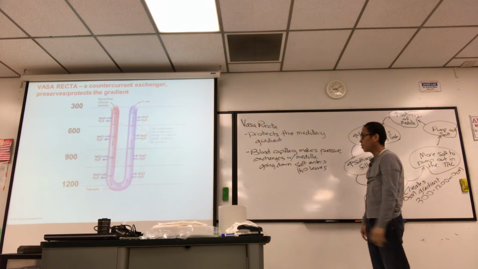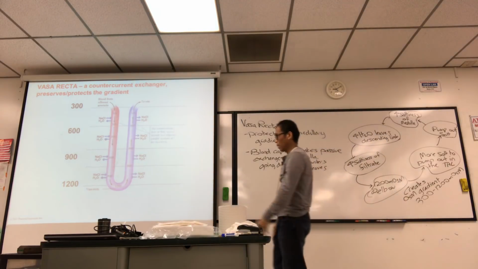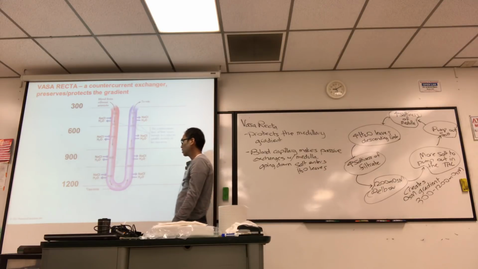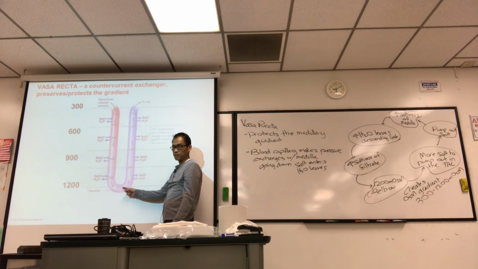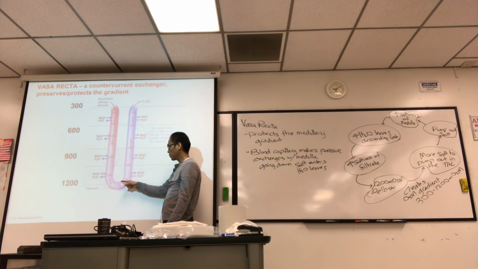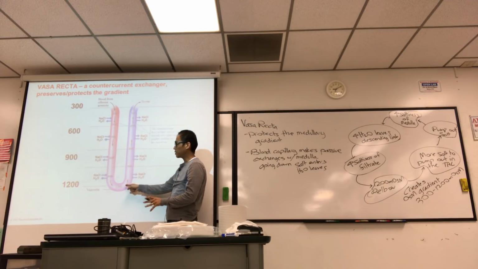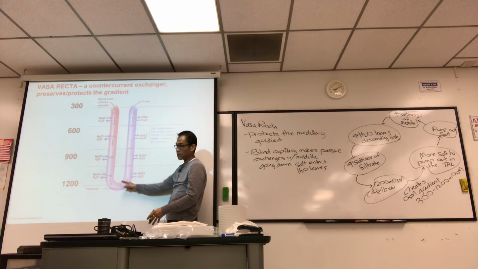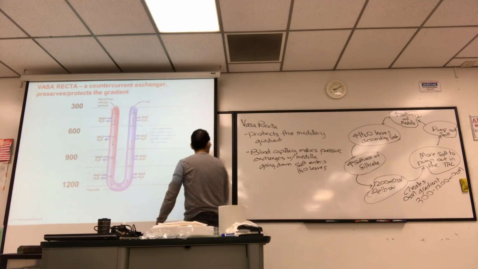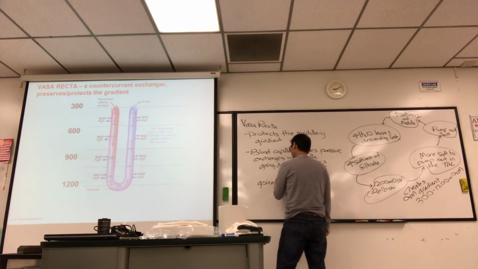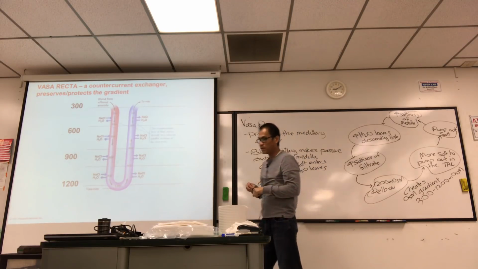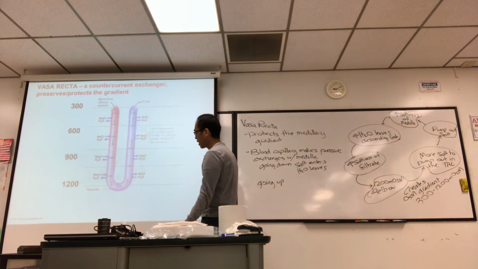So when you get to the elbow of this capillary, what's the blood concentration? It's 1200 and it's becoming deoxygenated. Now look, you usually don't have U-shaped capillaries, but in this case you do. So that means you go down, then going up. As you go up, it becomes progressively less salty, and the blood just became very salty.